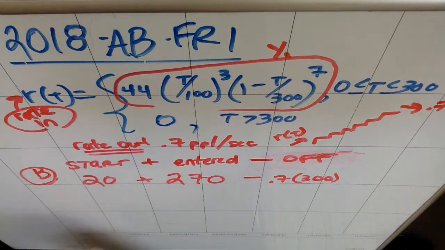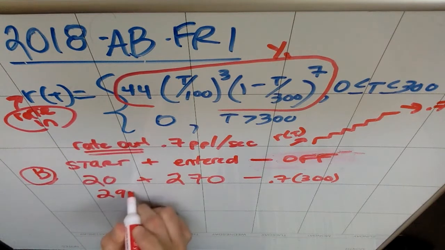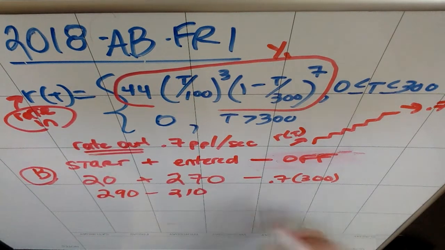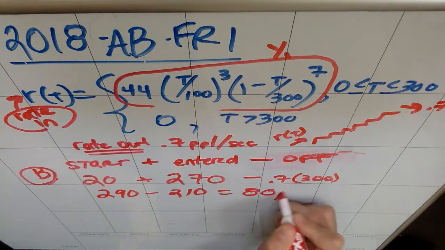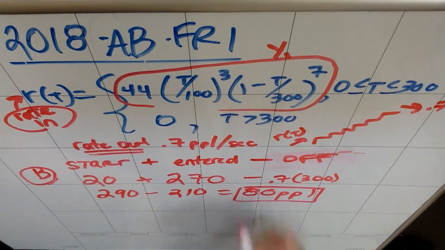So a 7 times a 3 would be a 21, so what we're looking at here is 210. So we end up with 290 minus 210. You can type that in a calculator, it's fine. So you end up with 80 people. So there are 80 people in line at 300. Cool.